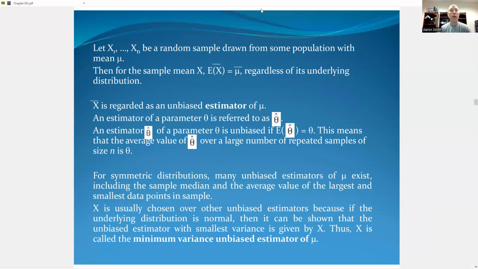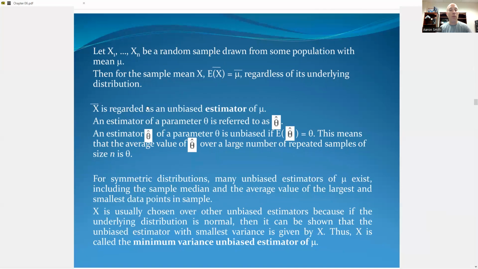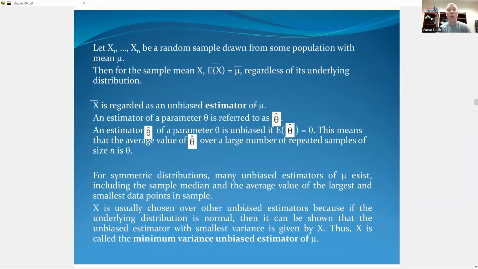So let x1, x2, x3, x4, up to xn be a random sample drawn from some population with mean mu. Then the expected value of the sample mean of x is equal to the population average regardless of the underlying distribution of the data. X bar is regarded as an unbiased estimator of the population average.